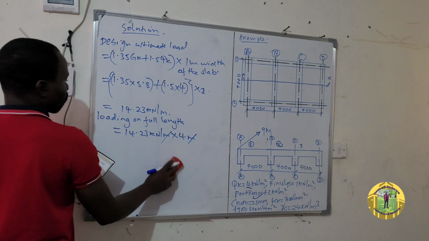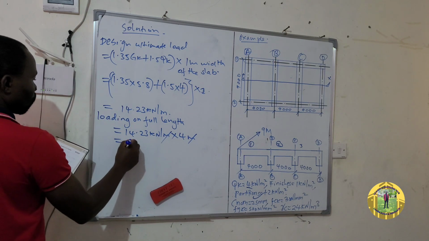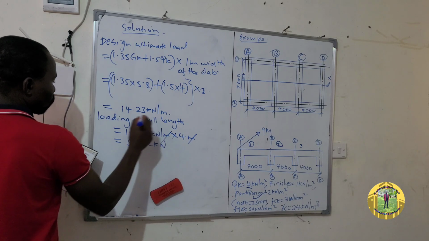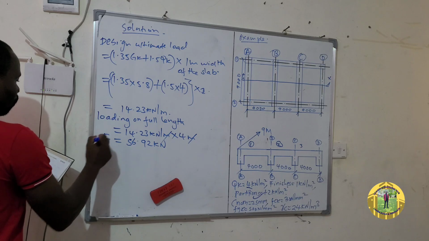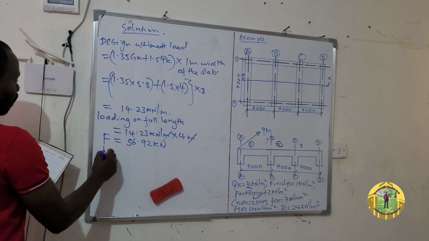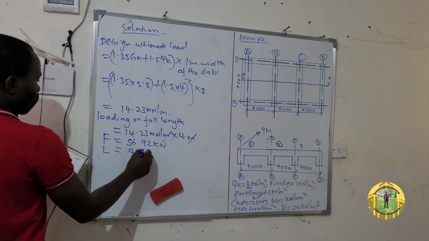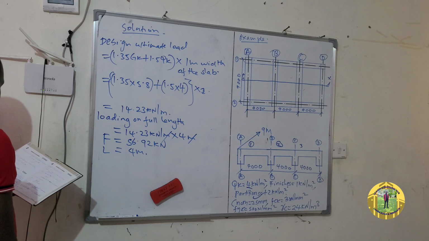So meters will cancel with meters. So this one is equal to 56.92 kilonewton. And this 56.92 is what we call F. So F is 56.92, and then L is equal to 4 meters. And then from there, we proceed to design moment and shear forces.